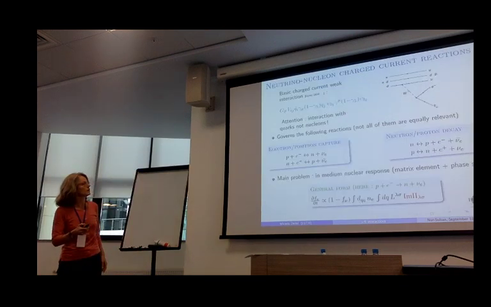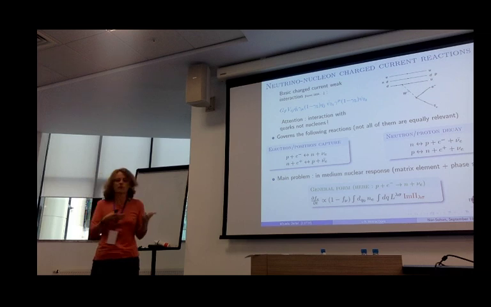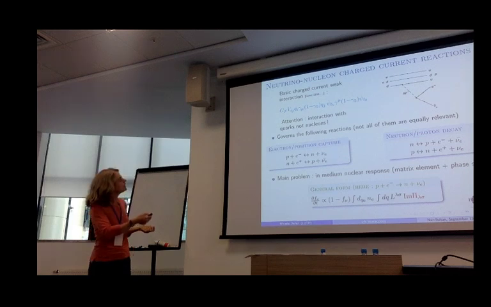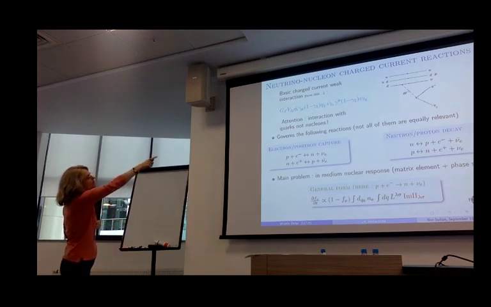Then how to calculate these neutrino nucleon reactions? So the basis is just the charged current weak interaction. I've written it, this is written in the Fermi form.